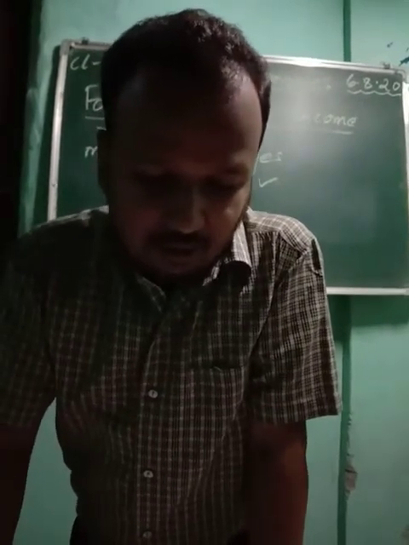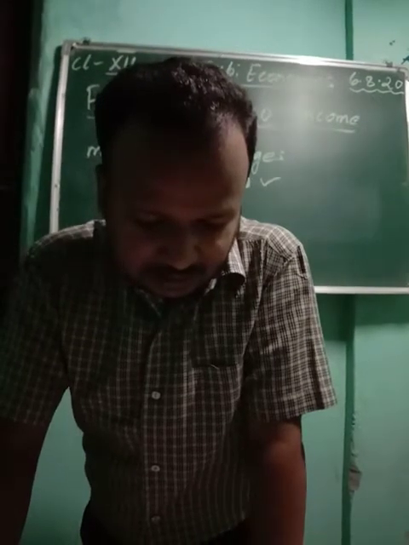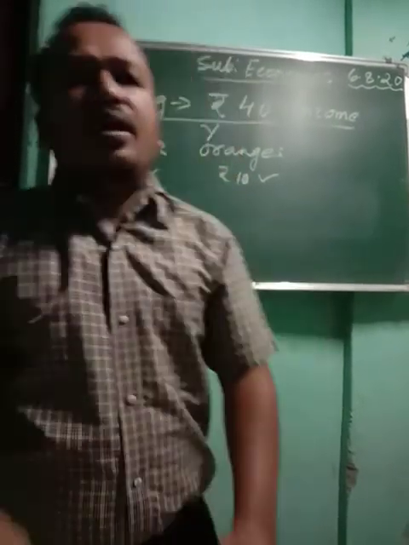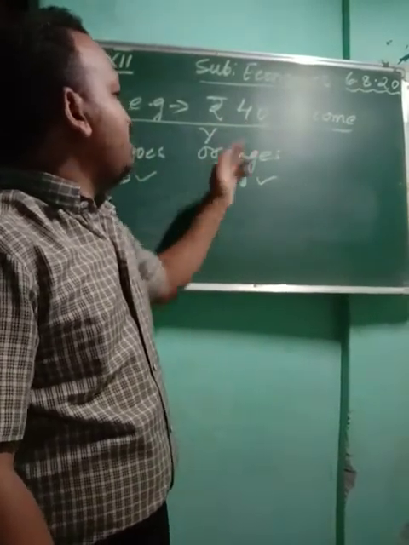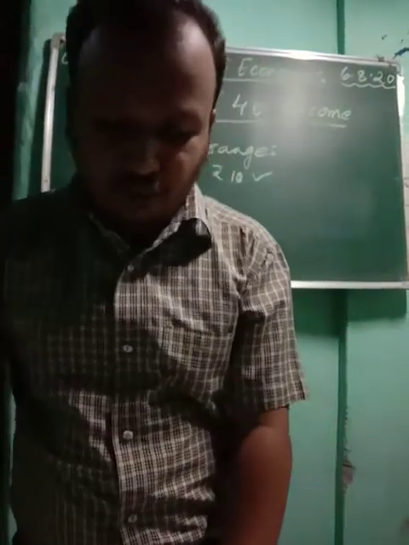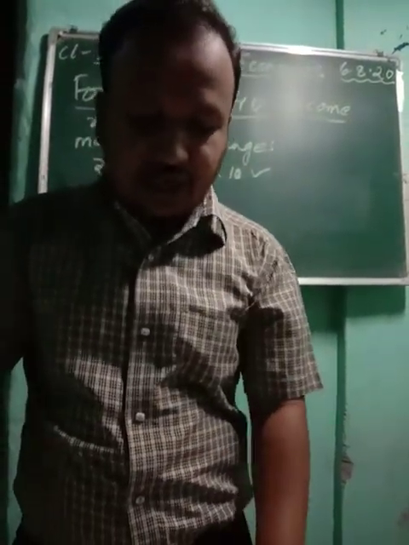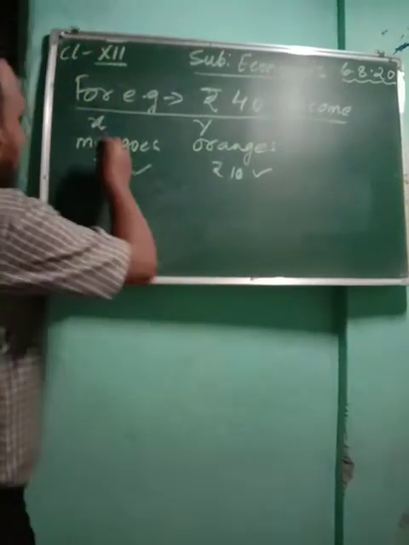Now we have to see what combinations a consumer will accept, where he can spend 40 and get utility from both the commodities.